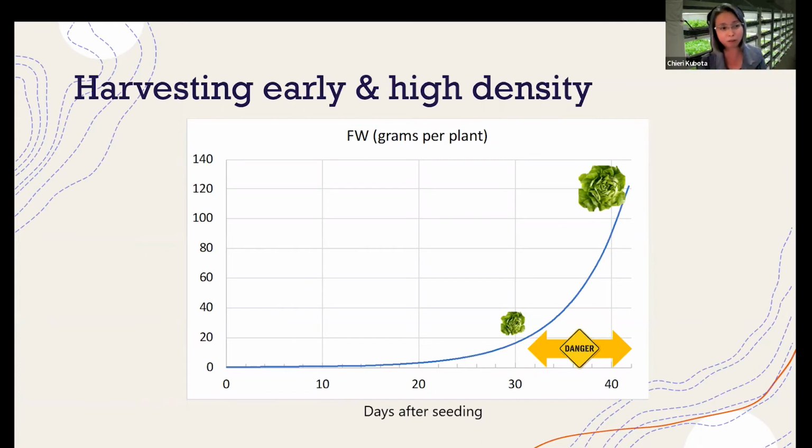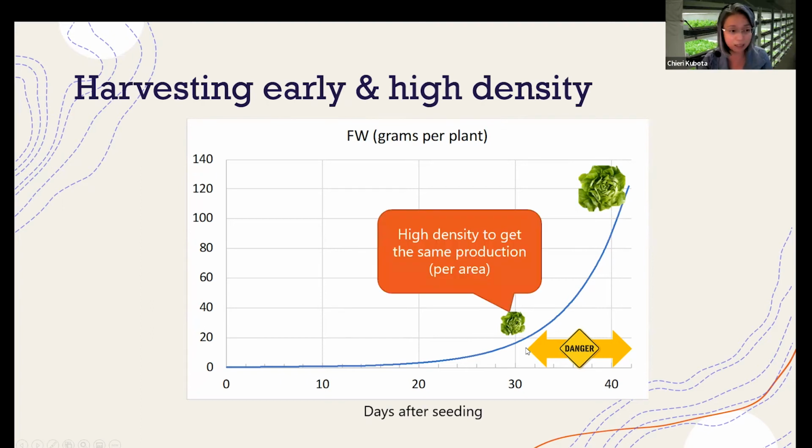Again, calcium deficiency or tip burn is coming from the balance between growth and also transpiration or the supply of the calcium. So typically this fast growing phase is the highest risk, so you want to avoid that.